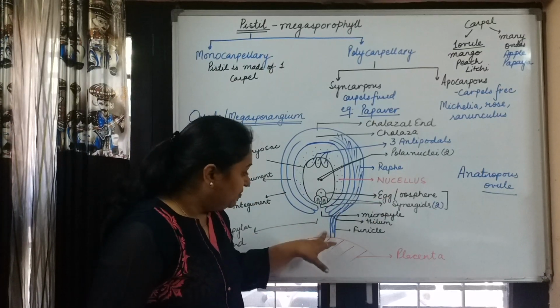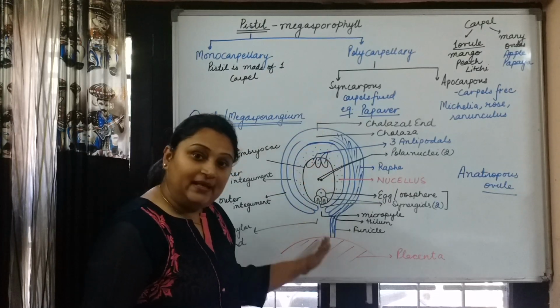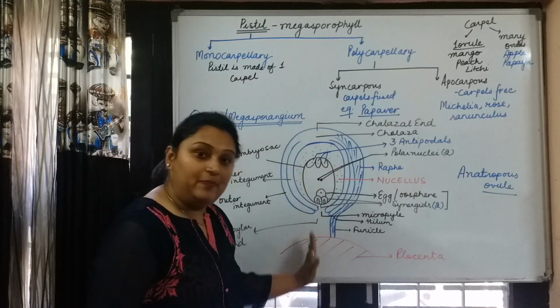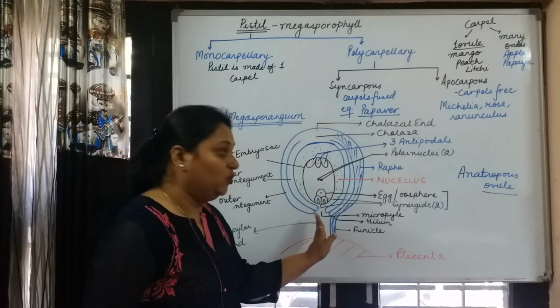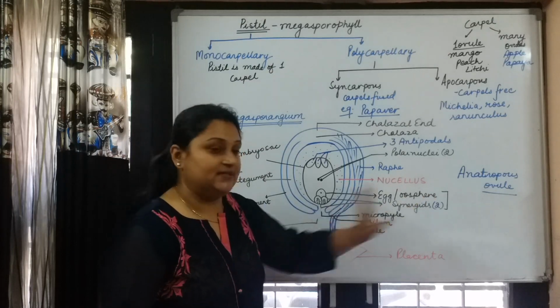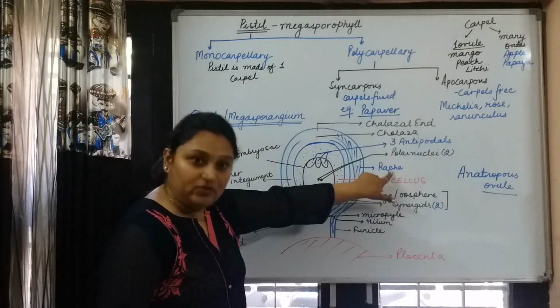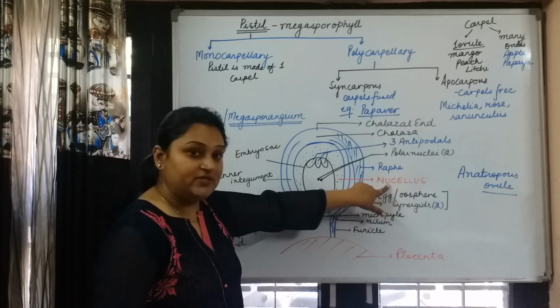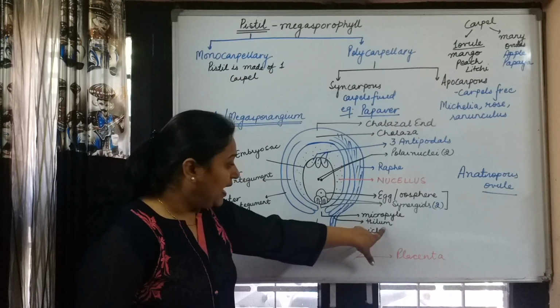That means the funicle, the micropyle and the chalaza lie in the same plane, and this type of ovule is inverted type. This is called an anatropous ovule. We have discussed the raphe, the nucellus, chalaza, micropyle, funicle, hilum.